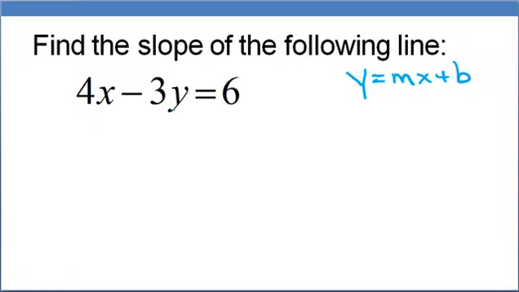So first we need to get rid of the 4x. It's a positive 4x, so we'll take it away. When we subtract on the left, it will be gone. That will leave us minus 3y equals 6. And we also have to subtract it on the right.